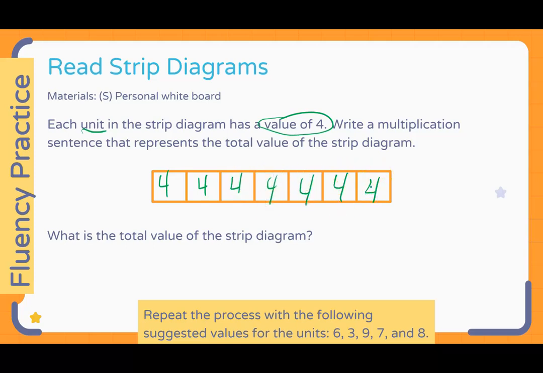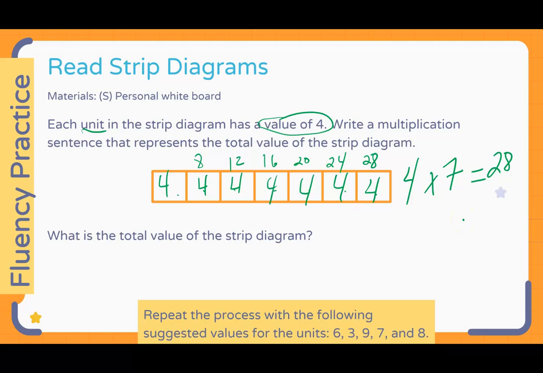Now, they want to know the total value, and they want us to write a multiplication sentence or equation. I know I have 4. How many 4s do I have? 1, 2, 3, 4, 5, 6, 7. So 4 times 7 equals 4, 8, 12, 16, 20, 24, 28.